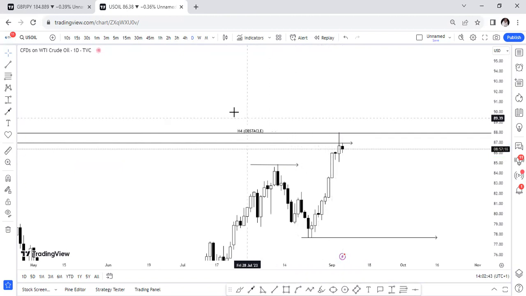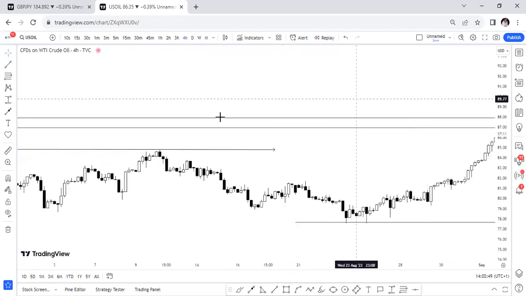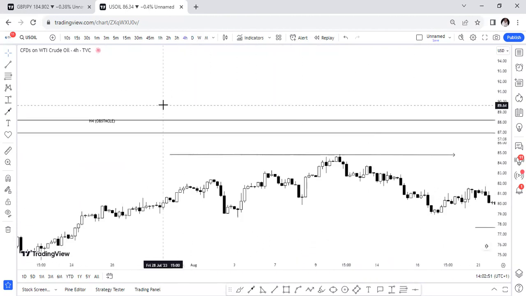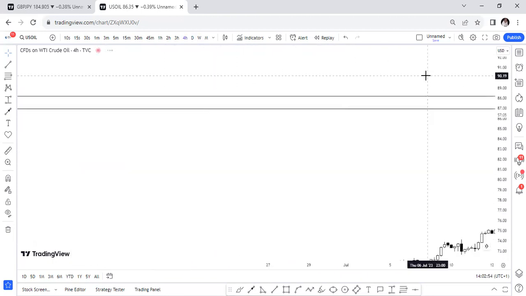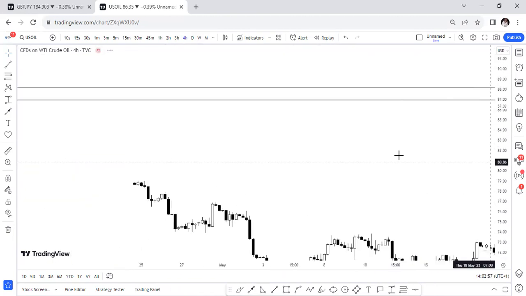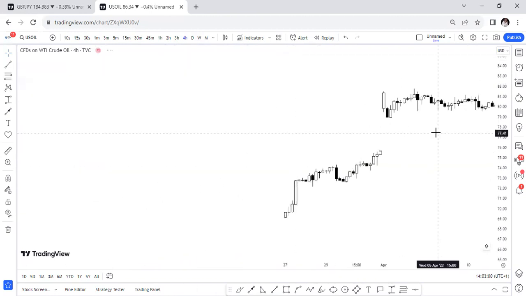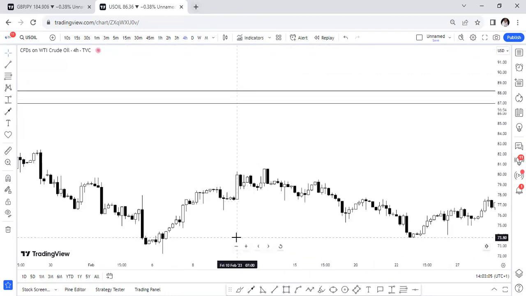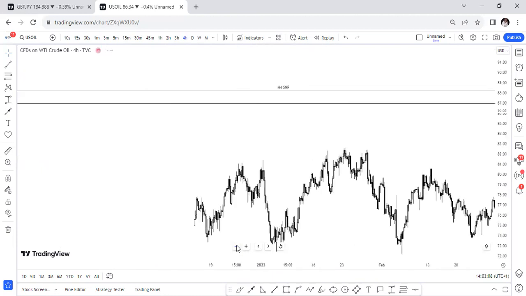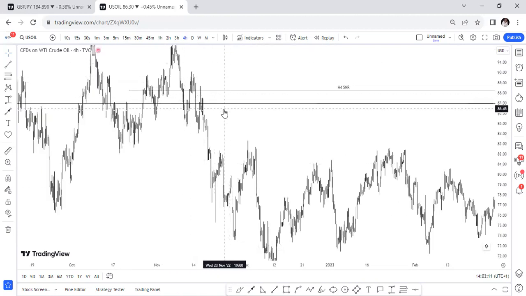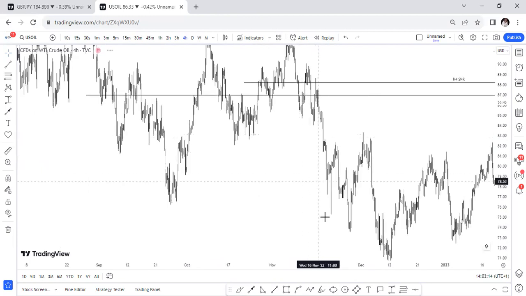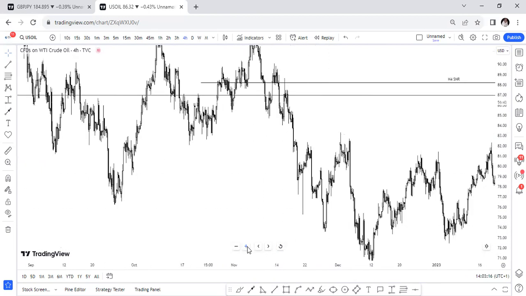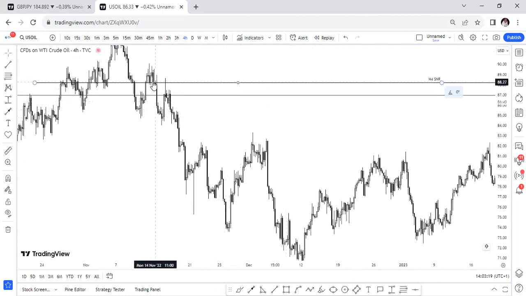What do you do? Probably you go to 4 hours. You can see the level of touch that's been in the past.